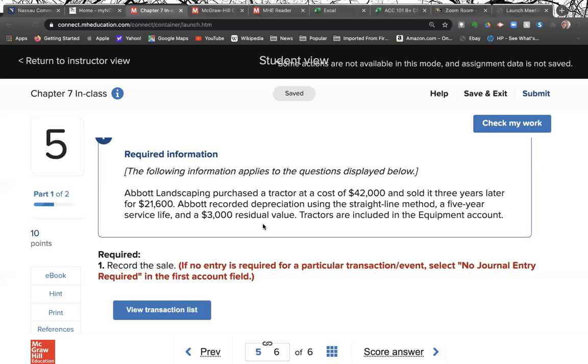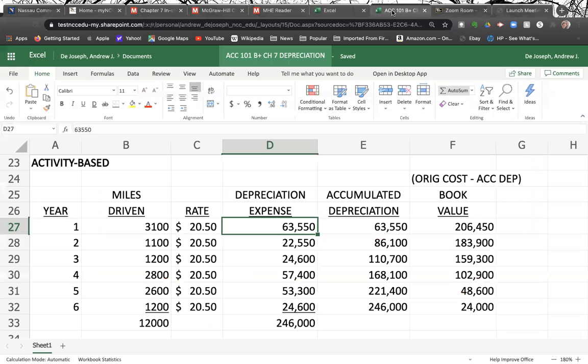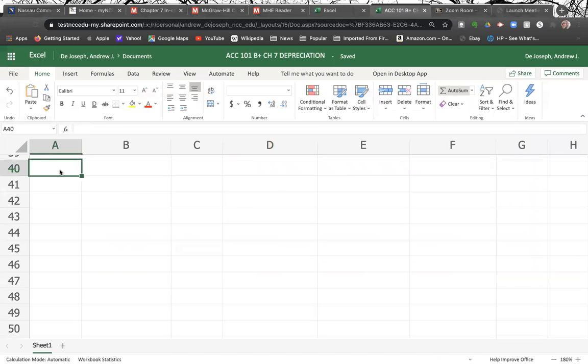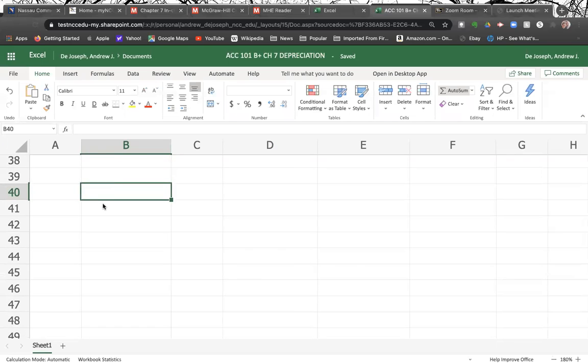Yeah, I think so. I don't think it's that difficult. So let's go here. I'll just do it down here on the bottom. How much did the tractor originally cost?